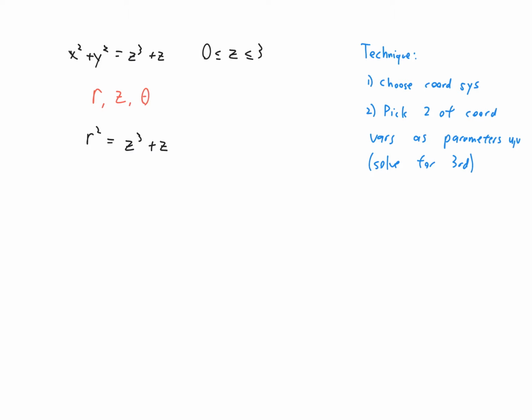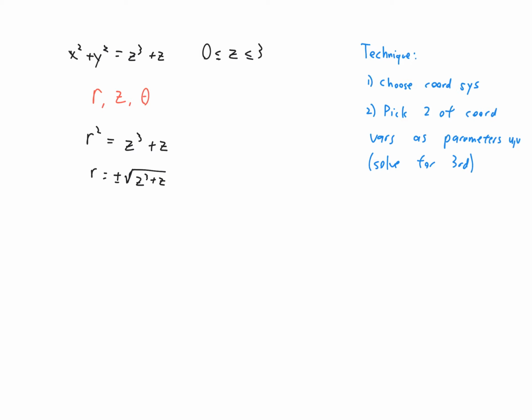It seems like theta's not in the equation, so I shouldn't try and solve for that. Z would be kind of tricky to solve for because there's a z cubed and a z here, but r I could solve for. And I could say that r is equal to plus or minus square root of z cubed plus z, but I actually don't need the plus or minus because z is positive, so z cubed plus z will also be positive.